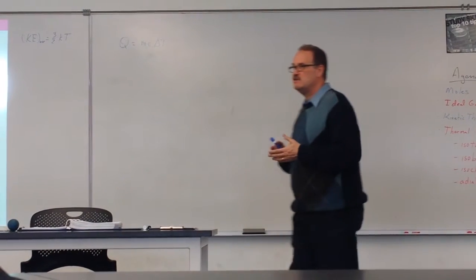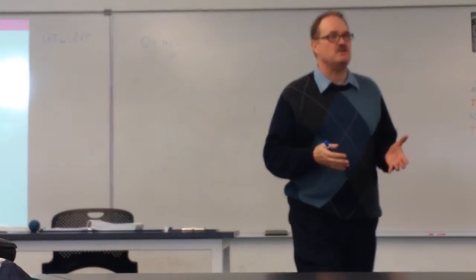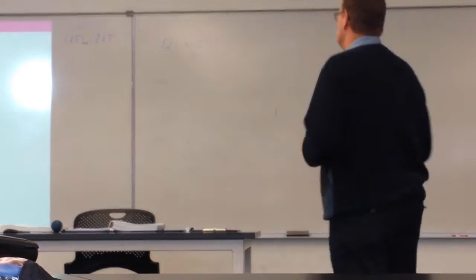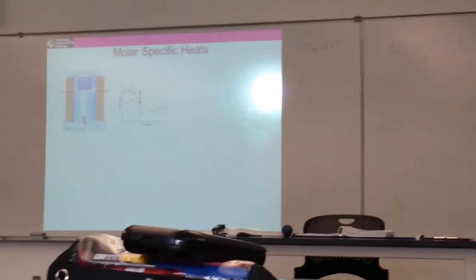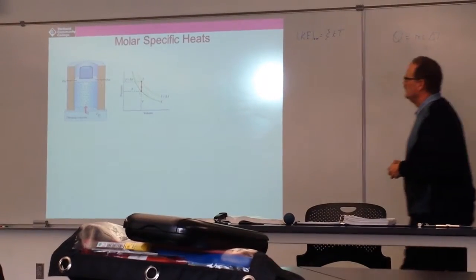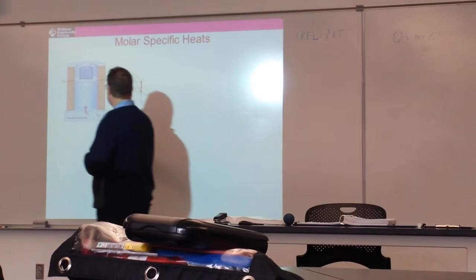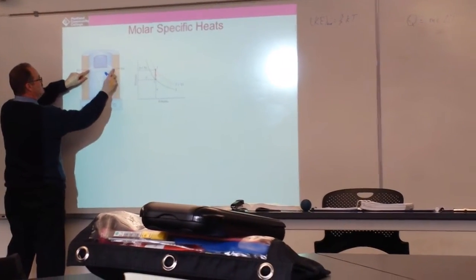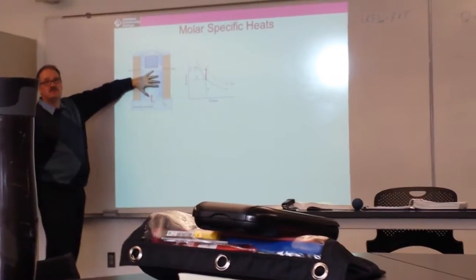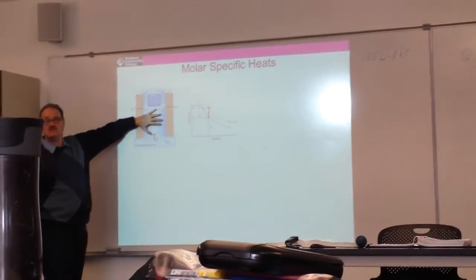When we deal with gases, though, we usually talk about them in terms of molar specific heats, because rather than using mass to measure the amount, we use moles to measure the amount. And so if we look at this kind of situation, where we're adding heat to a gas, and this platform is pinned, so it can't move, so the volume of this gas never changes.